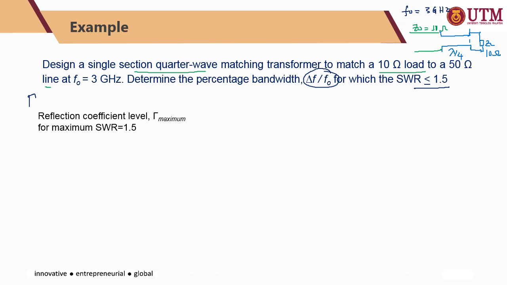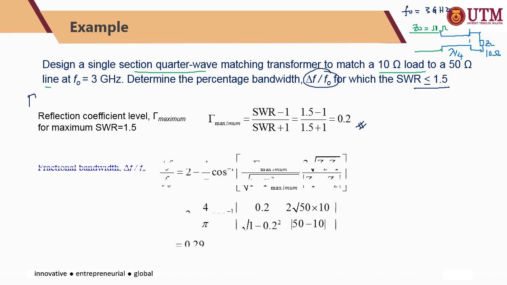So assuming that the system is using the maximum value of SWR 1.5, the maximum reflection coefficient can be calculated by SWR minus 1 divided by SWR plus 1. So the maximum reflection coefficient is 0.2. Then you can use this value to calculate the bandwidth.